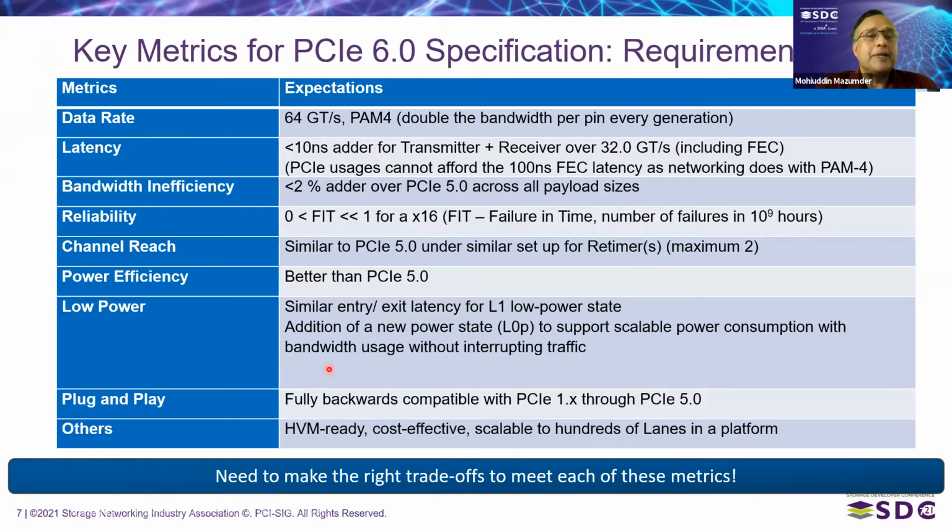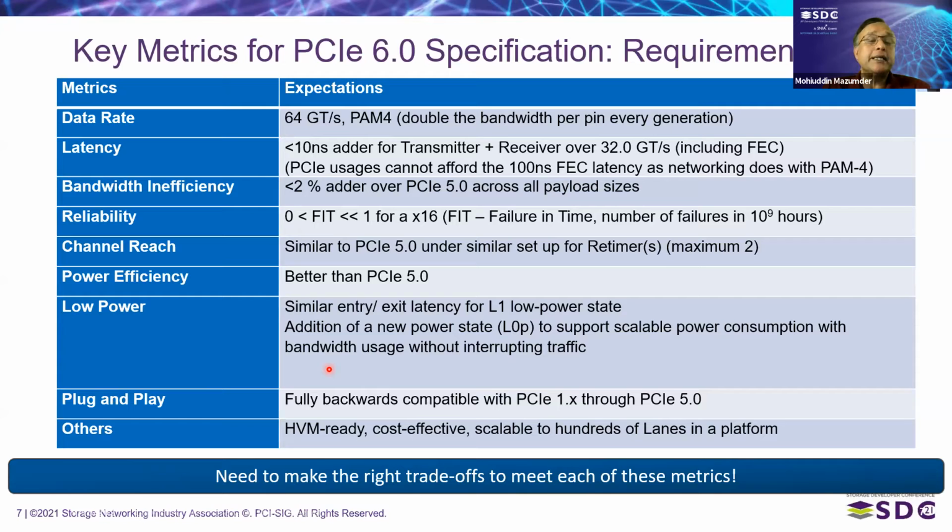Let's now focus on PCIe 6.0. As we are working through this specification development, PCI-SIG expects this specification to be complete by the end of this year. As we started this work probably more than 2.5 years ago, we set some expectations.